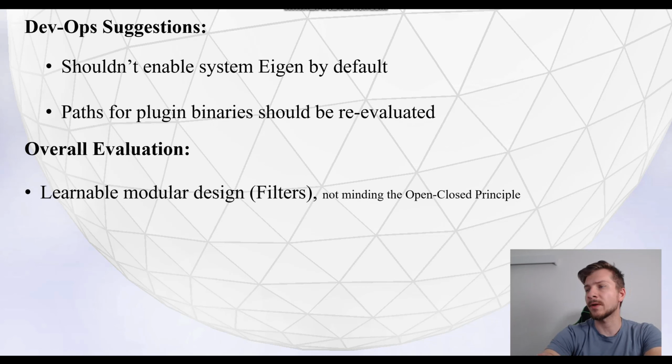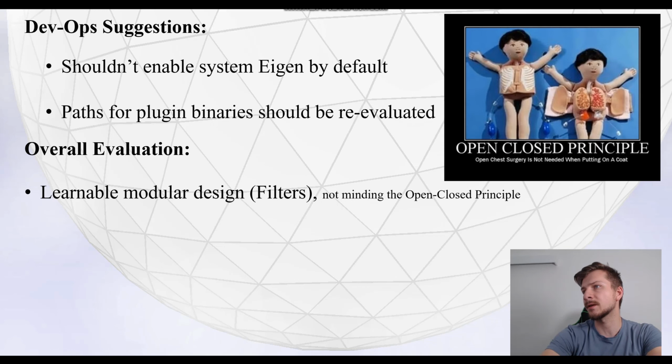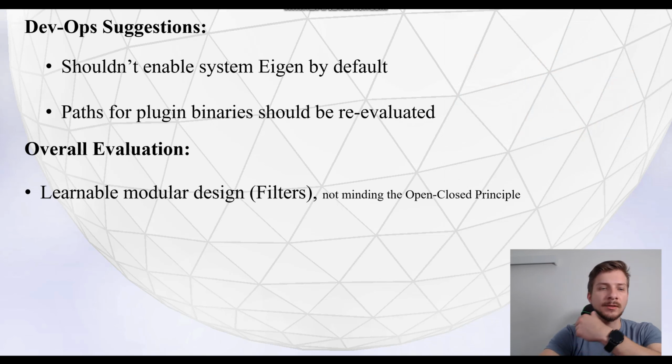However, since we've had lots of issues with some of the missing parameters or really branched out switch statements for different enums, filter design does not really respect the open-closed principle. So if you want to add another feature, you need to add the behavior for the new feature pretty much into every interface function of the filter. So that's kind of violating the open-closed principle.